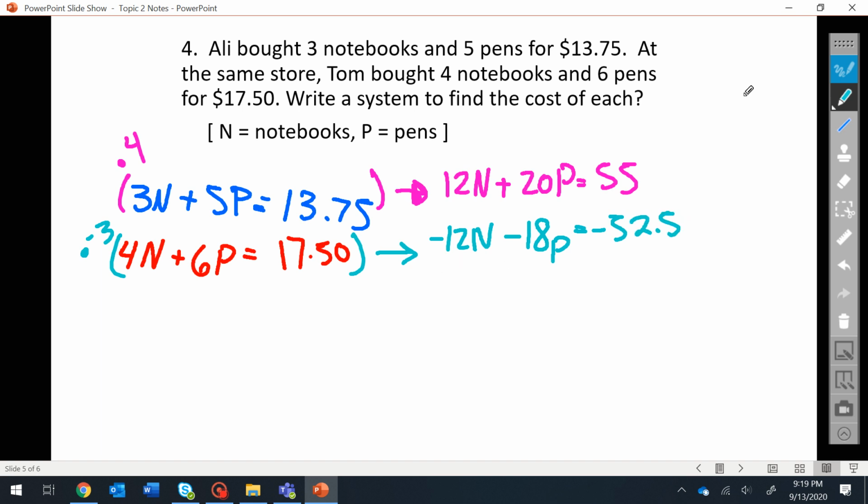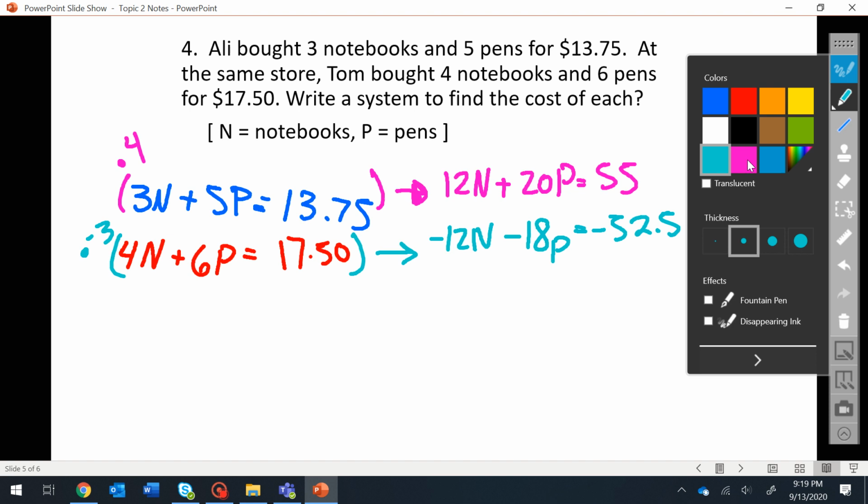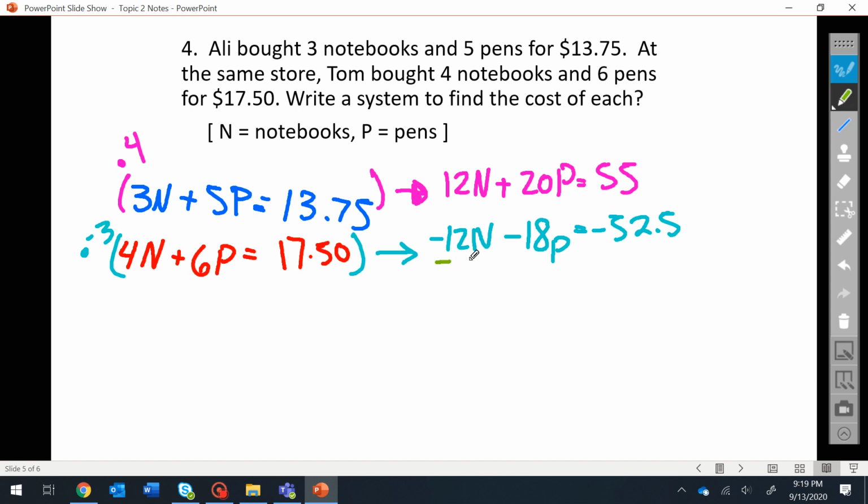Okay, now when I add these equations, one of the variables will cancel out. The n's will cancel out. 12n and negative 12n cancel. And I get 20 plus negative 18, so 2p equals 55 plus negative 52.5. So that's 2.5.